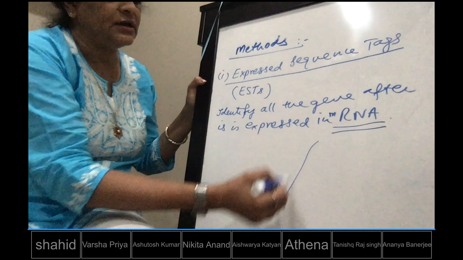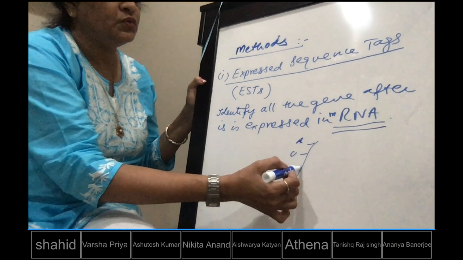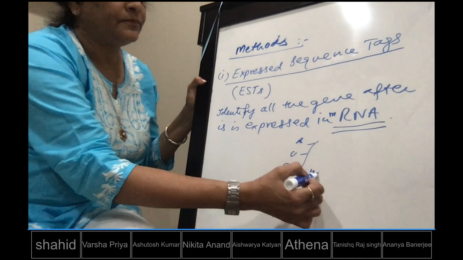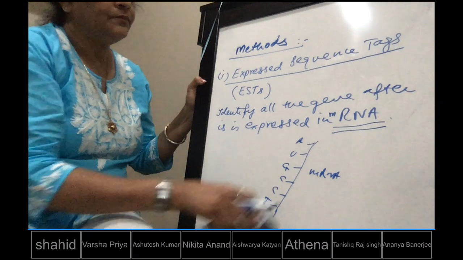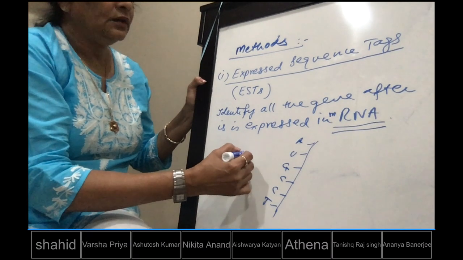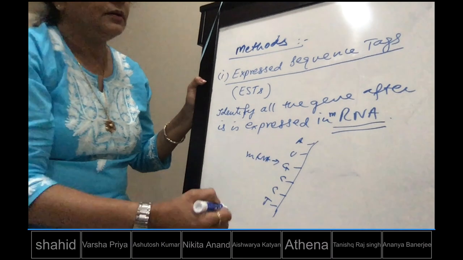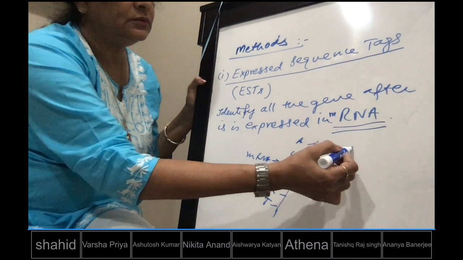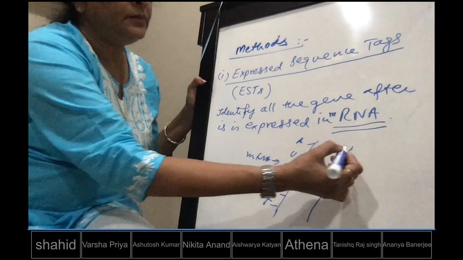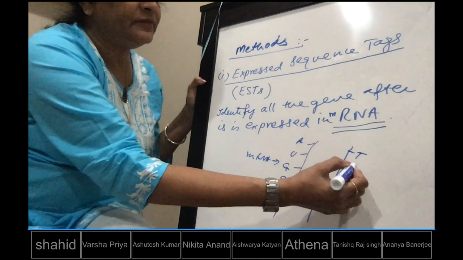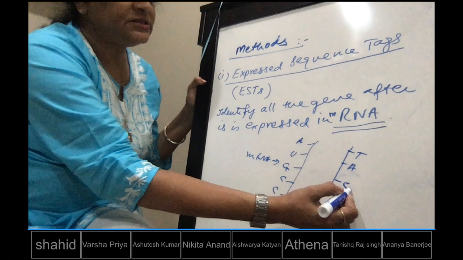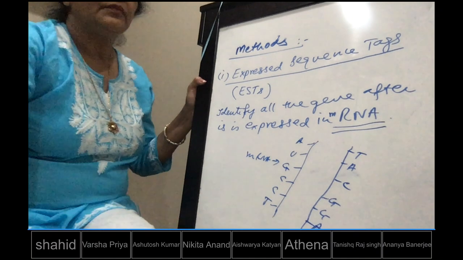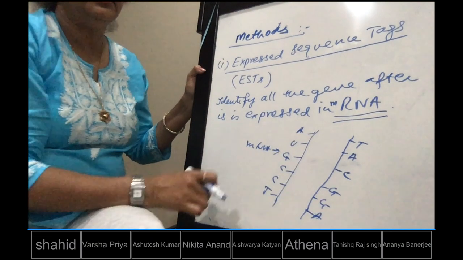Now see, suppose here mRNA is A, U, G, C, C, T. This is the mRNA. Now what will its DNA be? It will be complementary, right? A will pair with T, U will pair with A, G will pair with C, C will pair with G, G, A. Okay, so this is one strand of DNA.